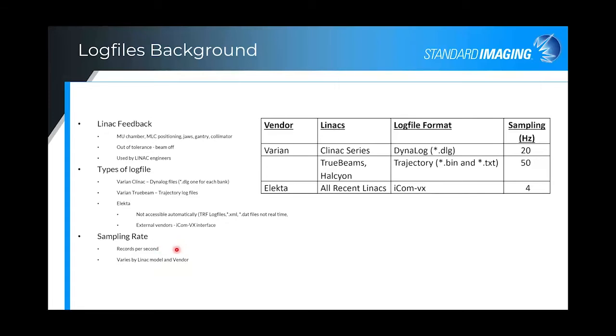And the sampling rate is records per second and varies by Linac model and vendor. The Clinac series has 20 records per second, the TrueBeam and the Halcyon 50, and the Elekta iCOM VX system has 4 records per second.